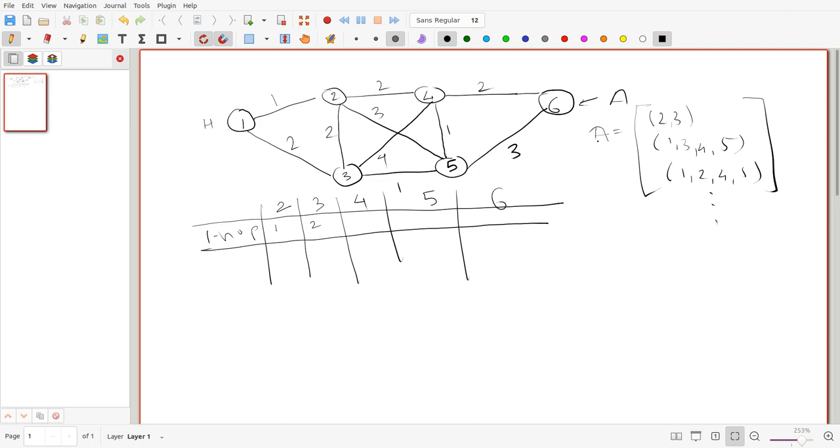So this capital A is a matrix, which is a list of neighbors for each of these nodes. So the first one is a list of neighbors for node 1, which just happen to be 2 and 3. And you can clearly see that from this graph. And for node 2, the neighbors are 1, 3, 4, and 5, again, as we can see from the graph.